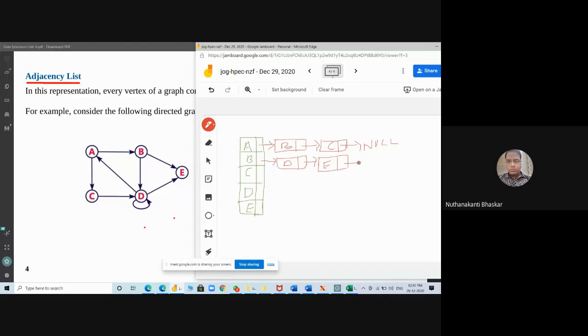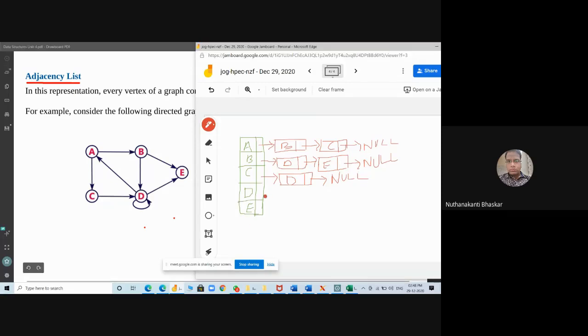Only two, right? Then null. Fine. Next from C. Tell me from C, what are the outgoing edges, means adjacent nodes? D, only D. Is there any other node? No. Then null.